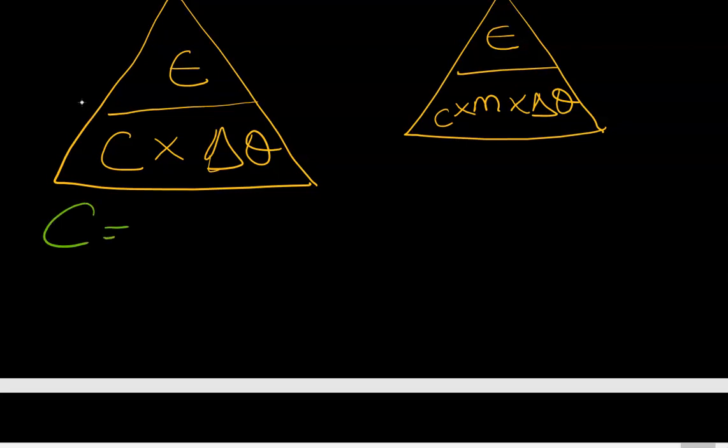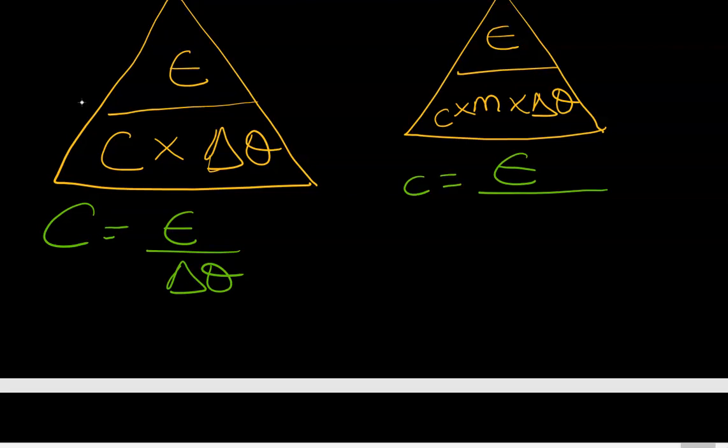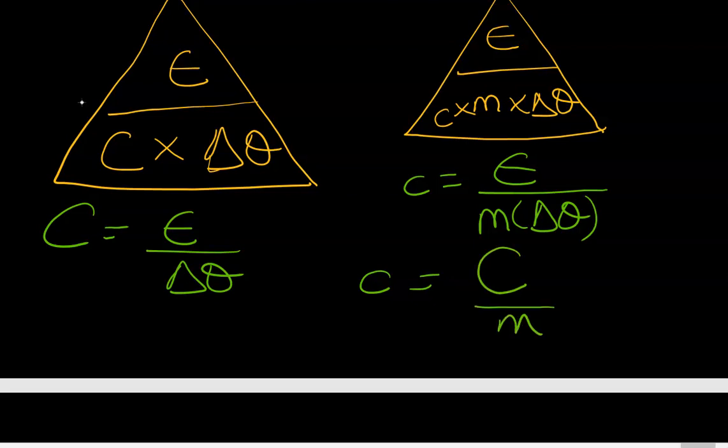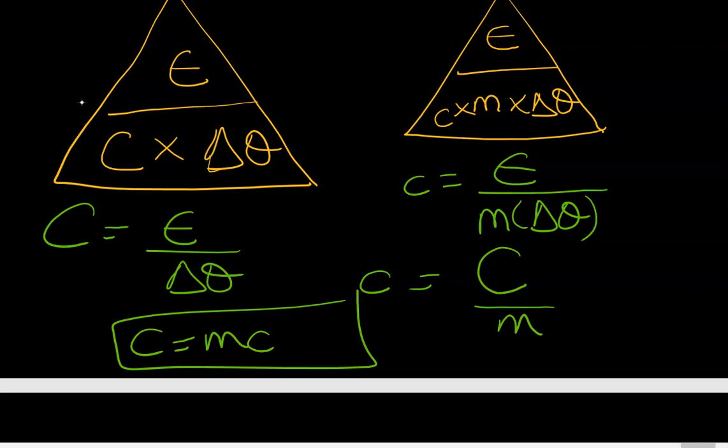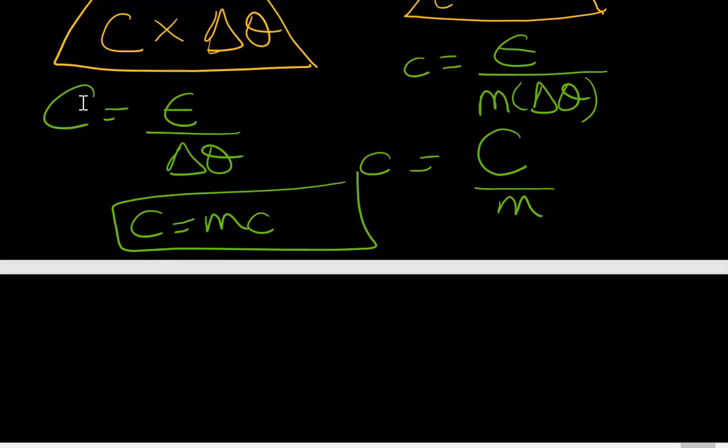Heat capacity is E over delta theta, and specific heat capacity is E over m delta theta. So basically, common c, the specific heat capacity, is your heat capacity over m. So it means that capital C is equal to mass times specific heat capacity.